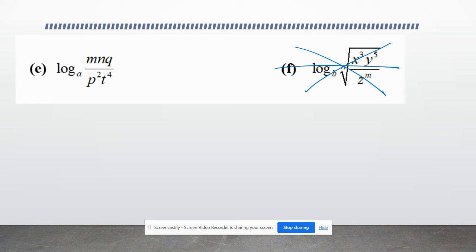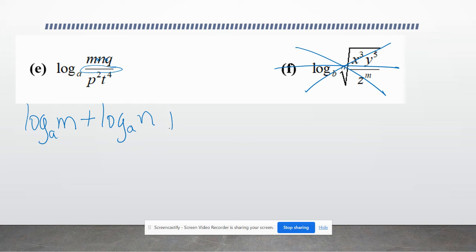Example E. For every multiplication, we write a log base A plus, and then the division is minus. So I start with log base A of m. It's times, so plus log base A, and then we have n.